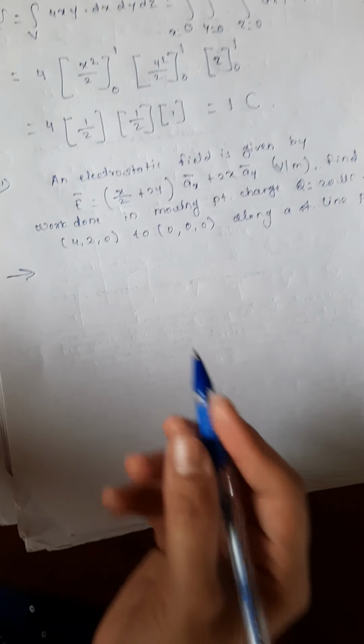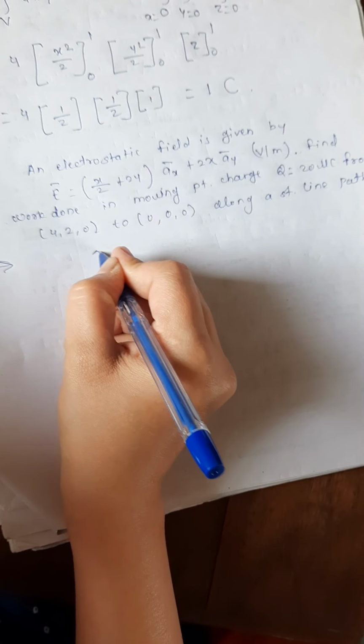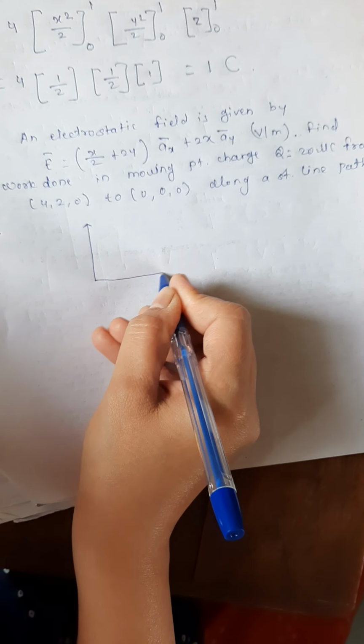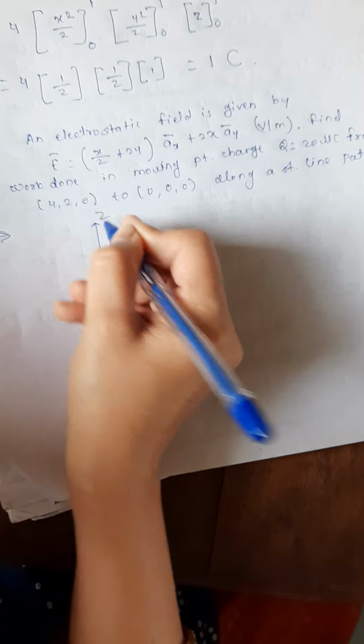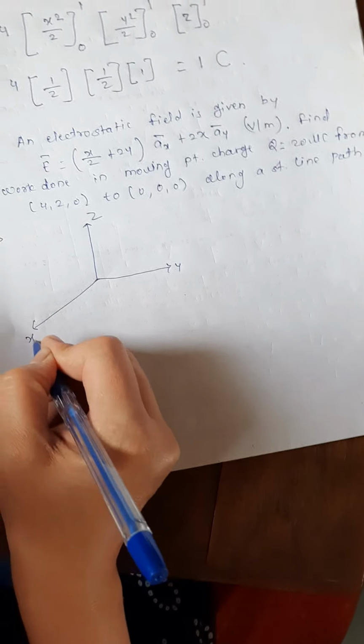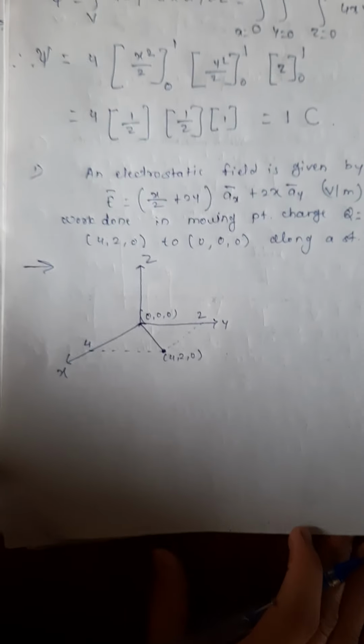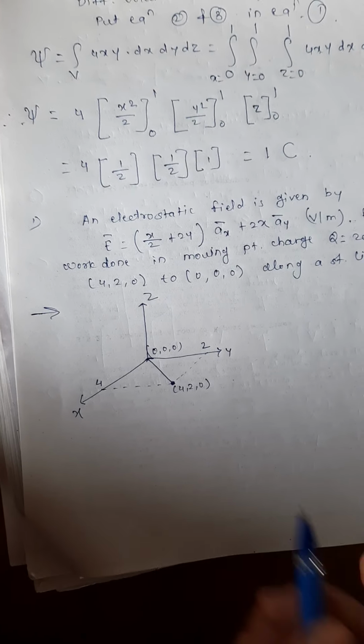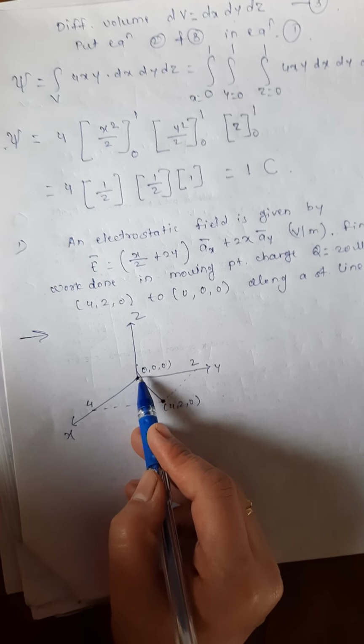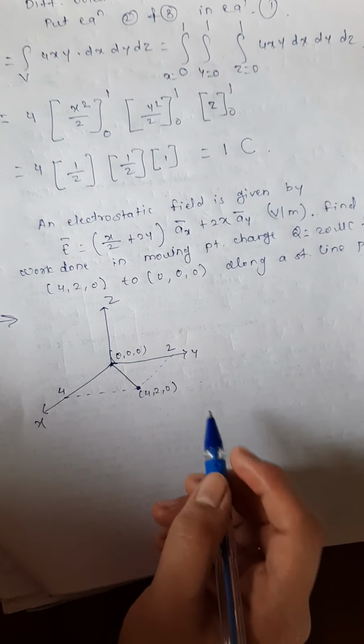So the given points are located. We will show the diagram. We'll draw it with axes x, y, z. So here the location of the given points is shown. This is the point of origin (0, 0, 0).